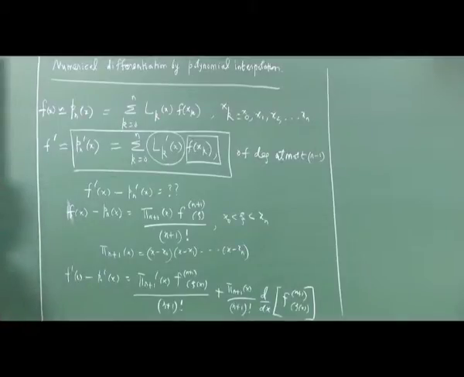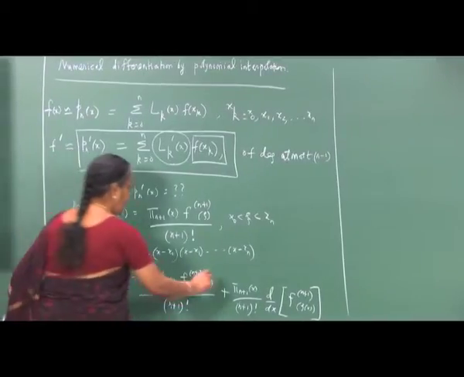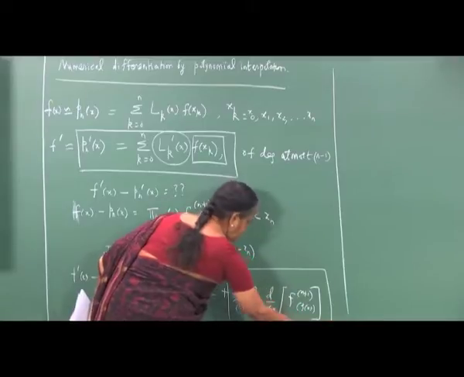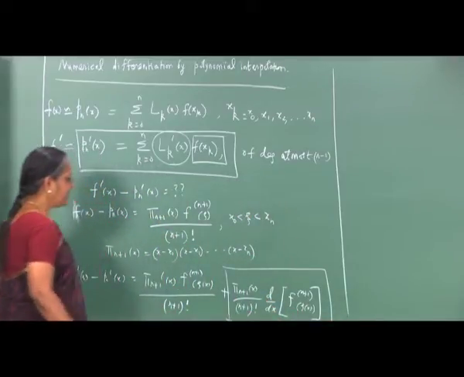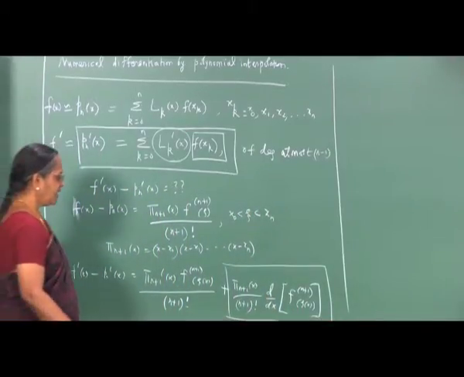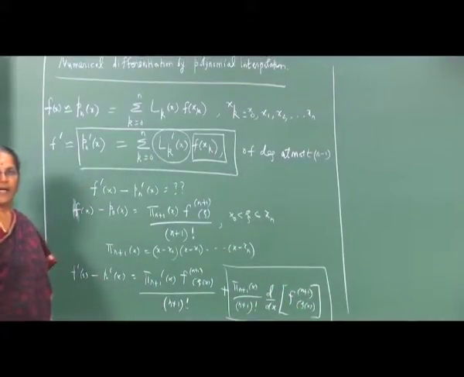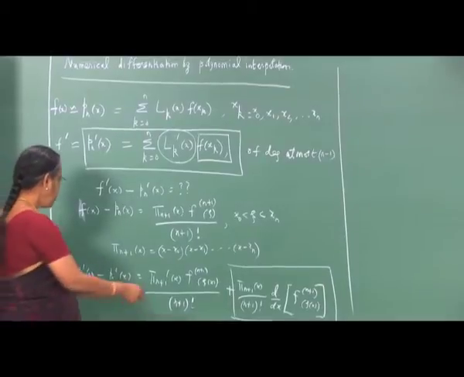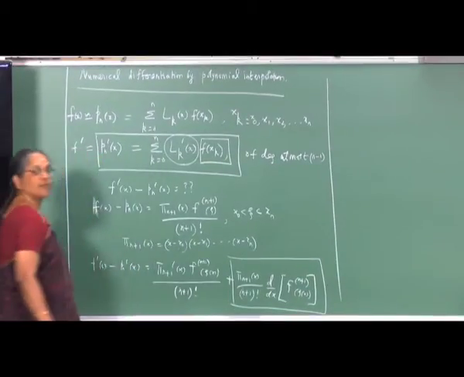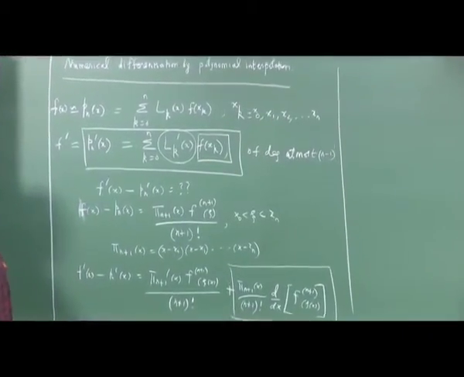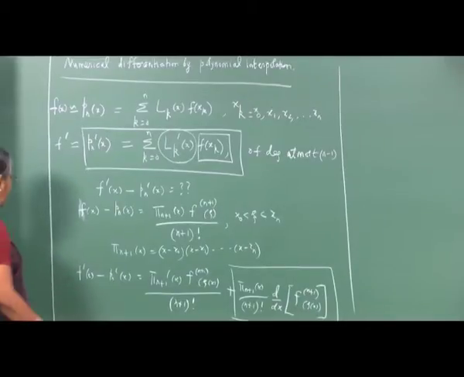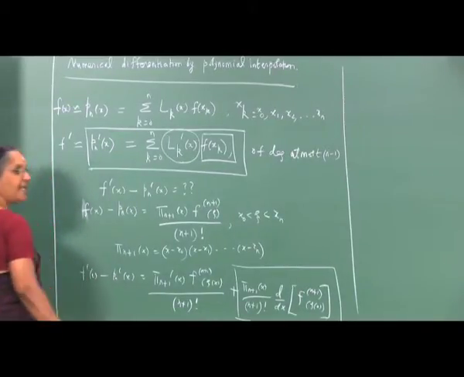If I look at this expression, I observe that I cannot estimate the second term because I do not know the dependence of psi on x, and therefore, I cannot use this to obtain an estimate for the error in f dashed of x minus Pn dashed of x.